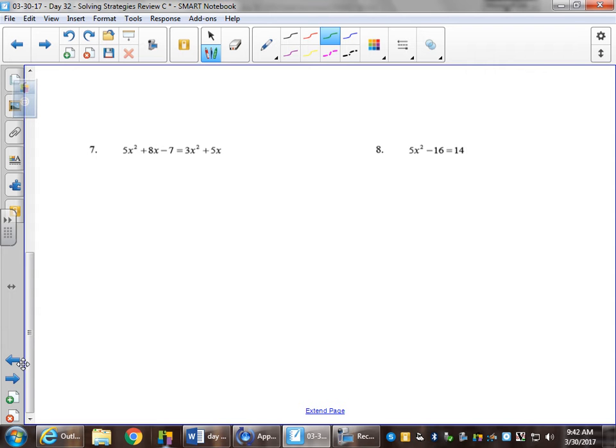David. Okay. Which method do you want to use for number 7? It's right on the board. We have 3 options. What do you want to choose? Quadratic formula?